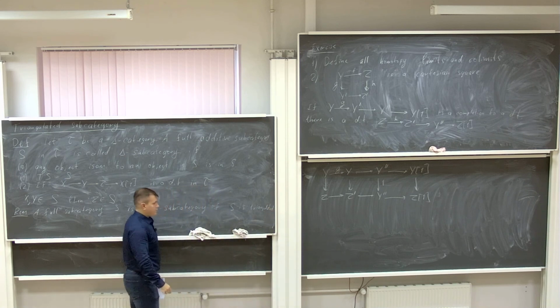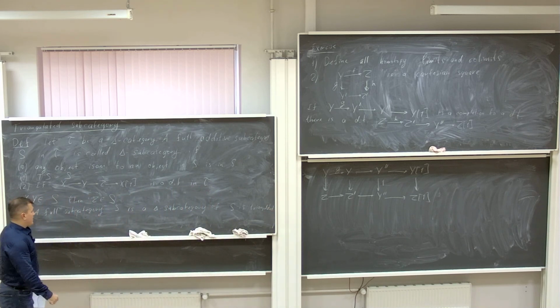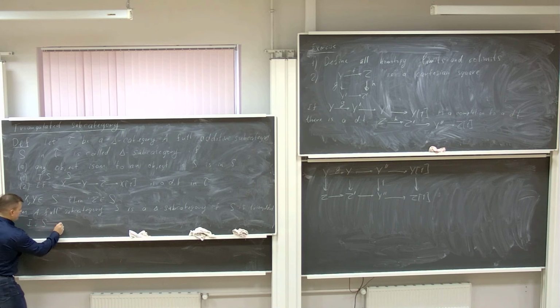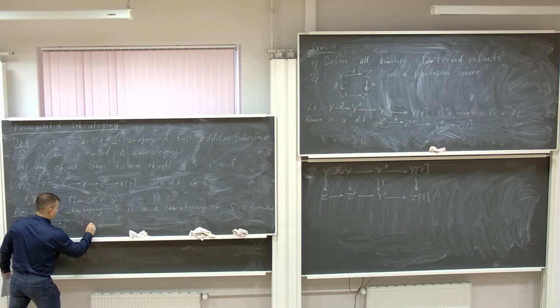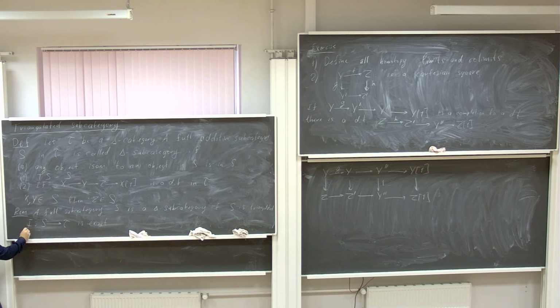So there is an independent triangulated structure on S, and also the embedding functor is an exact functor. So this I is the embedding.